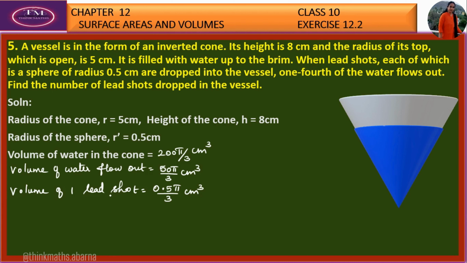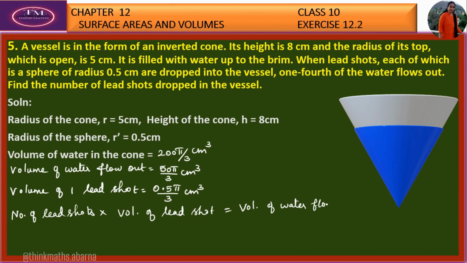So what will be the formula? Number of lead shots into volume of one lead shot will be equal to the volume of water flowing out.